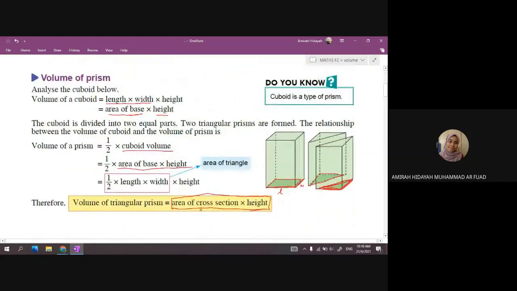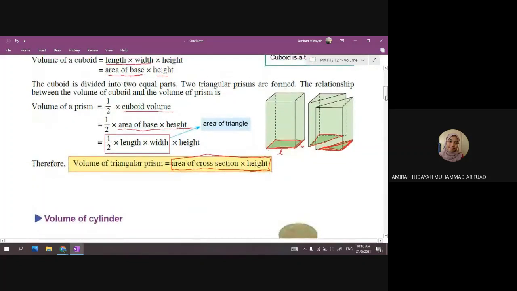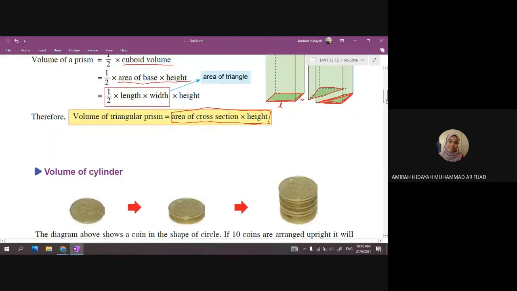Remember untuk prism dia melibatkan area of cross section. So kamu kena tahulah cross section untuk prism tu yang mana satu. Remember, cross section ni adalah when you cut straight the solids. So dekat tempat yang kamu potong tu dapat bentuk apa. Okay. So that is cross section.